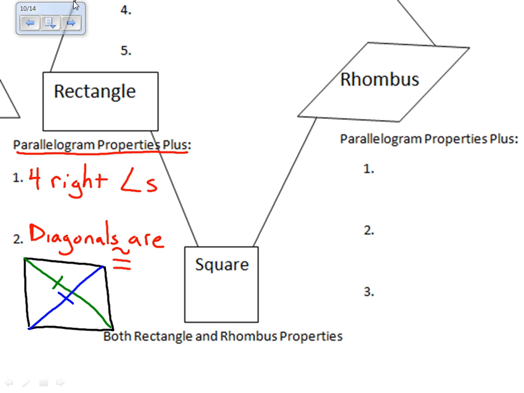Earlier we had that they bisected each other, so that they were half, right? One half equaled the other half. Now we're talking about the whole thing. So the entire blue line is congruent to the entire green line. Okay? So those are the two new ones for rectangles. Any questions with that? We have 3 for the rhombus. What was the definition of a rhombus? It has 4 what? 4 congruent sides. Good.